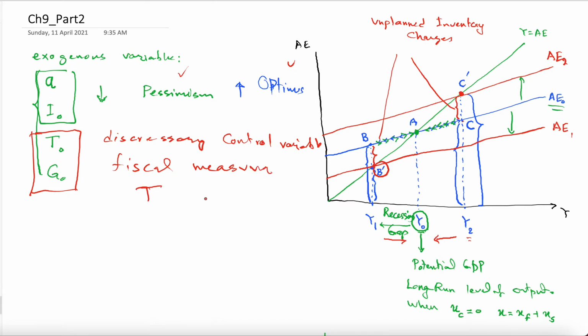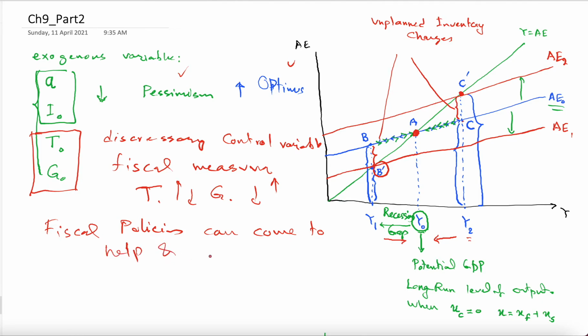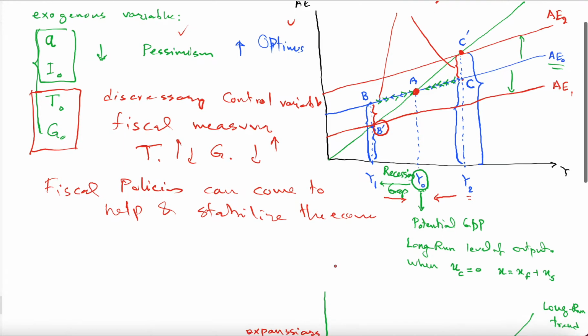It can change T and G, increase or decrease, and bring the economy to the ideal situation. So fiscal policies can come to help and stabilize the economy.